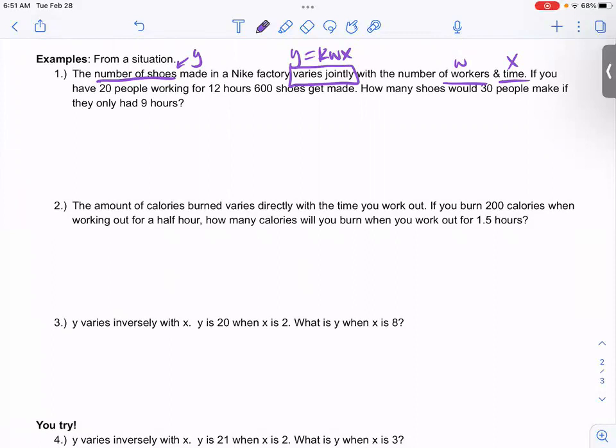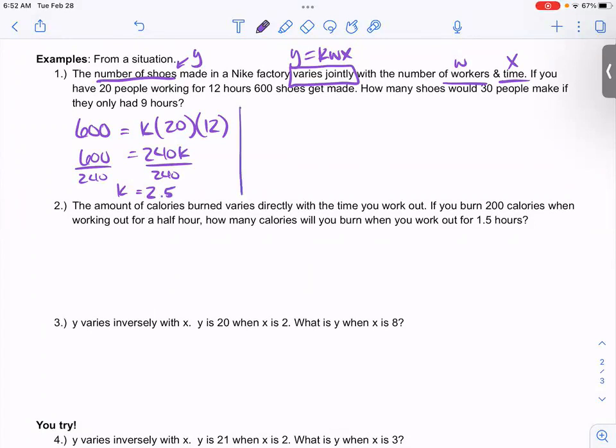The one thing I don't know yet is K. So what I can do is say our shoes equal K times 20 people working, that was W, times 12 hours. If I go ahead and solve this, I get 600 equals 240K, divide by 240, and so my K value, or my constant of proportionality, is 2.5.